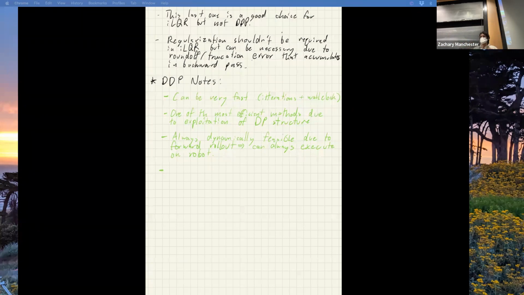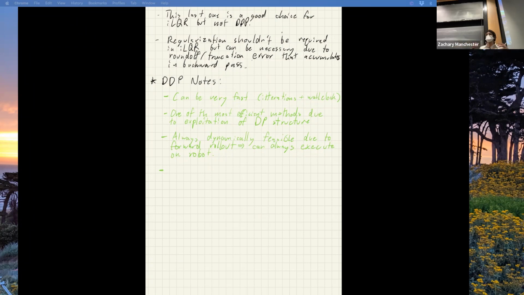Remember, these DDP things are approximate dynamic programming. We're doing dynamic programming using a second order Taylor approximation. And what LQR is, if you think about it, is the local first order Taylor approximation of the optimal feedback policy.